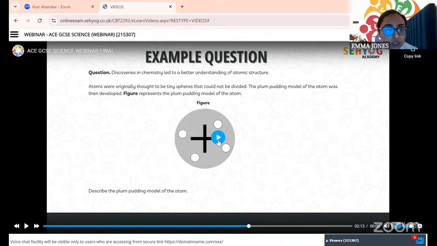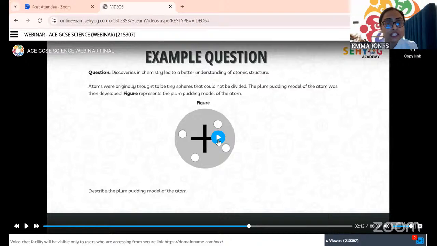Atoms were originally thought to be tiny spheres that could not be divided. The plum pudding model of the atom was then developed. The figure given represents the plum pudding model of the atom. And the question finally asks: describe the plum pudding model of the atom.